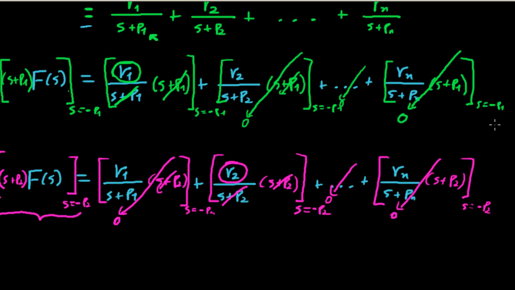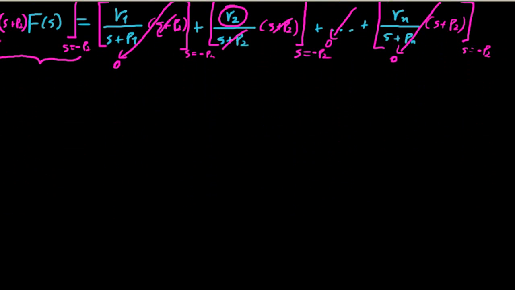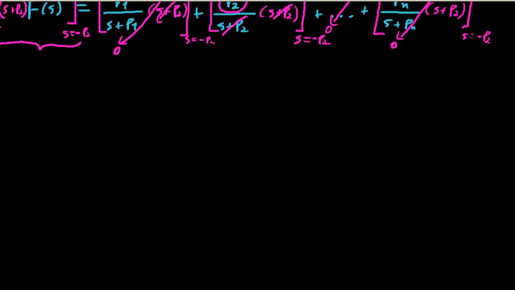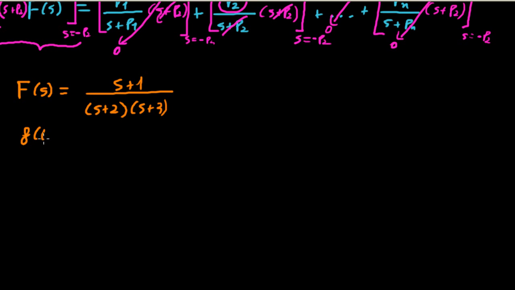So let's apply this in an actual example, a simple one. We have the function F of s given by s plus 1 over s plus 2 times s plus 3, and we want to find what its inverse Laplace transform is.